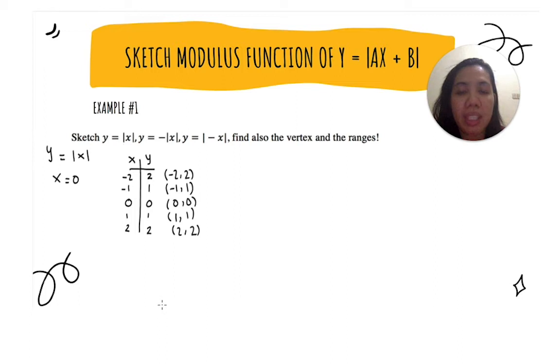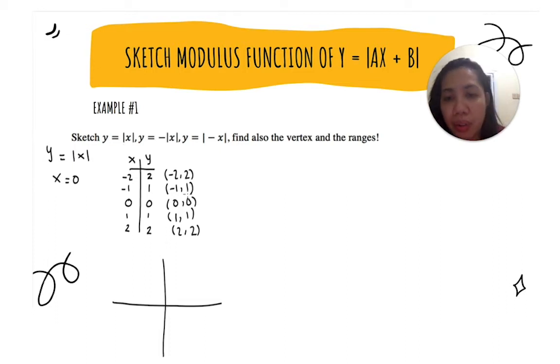Okay, now let's start to plot these points into the Cartesian diagram. So I'll make here the Cartesian diagram. Now put first the vertex point. This is the vertex point 0, 0, and then from the left of 0, 0 is -1, 1.